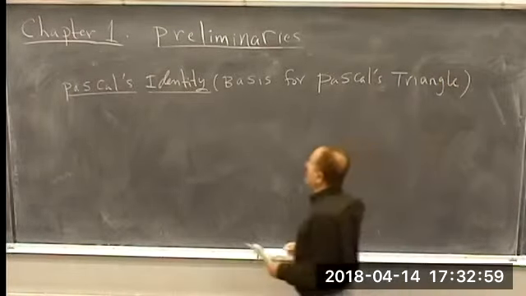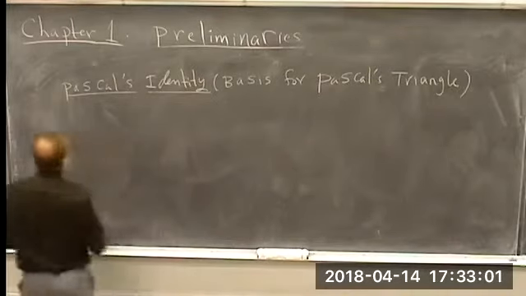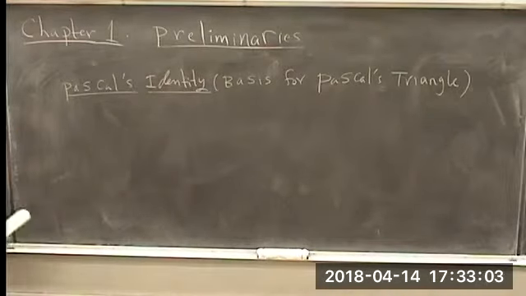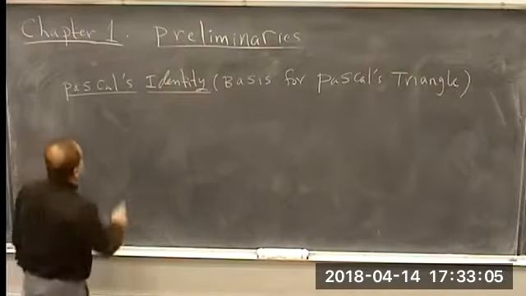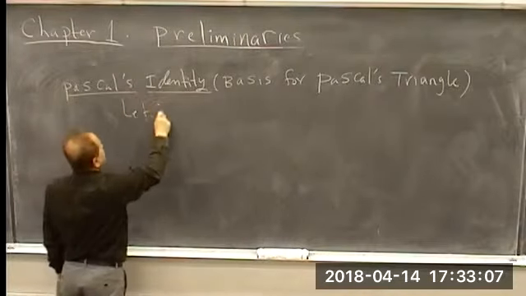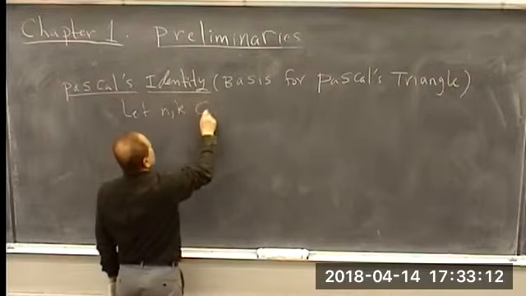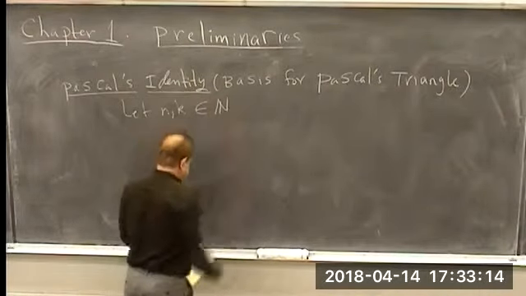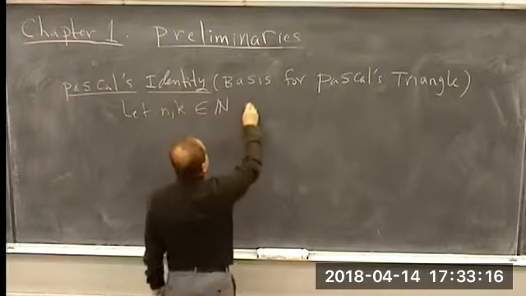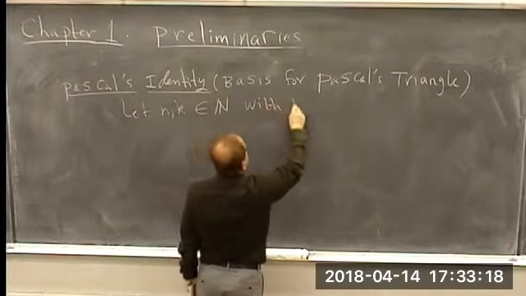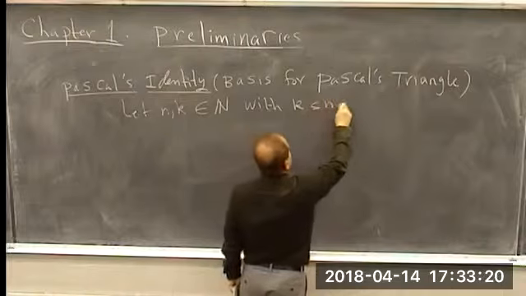So we're going to look at the relationship between these two. Let's say the following. Again, let n, k be natural numbers with k less than or equal to n.